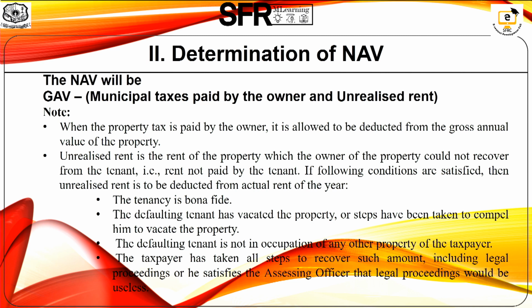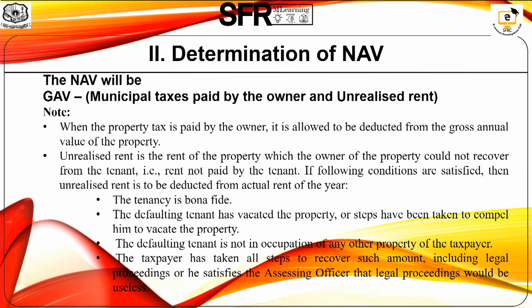Suppose the house is occupied by the tenant and he has not paid the rent, that rent is termed as unrealized rent. For the unrealized rent, deduction can be claimed only if the following conditions are fulfilled.